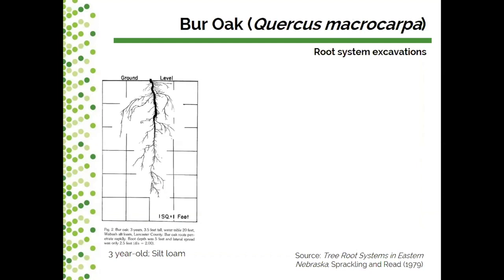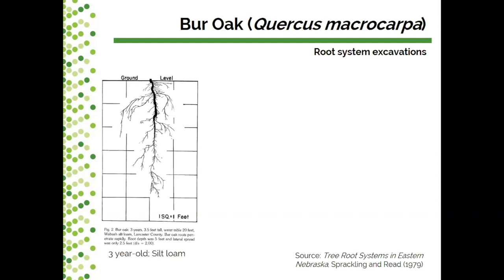It was kind of a make-work project, but it's provided some really valuable sketches of root systems growing in different kinds of soils, all obviously within eastern Nebraska, but lots of different species. There's like 100 different sketches. I've just included a few. So here's one of those heavy or dominant taprooting species, a drought-adapted species, Bur Oak.